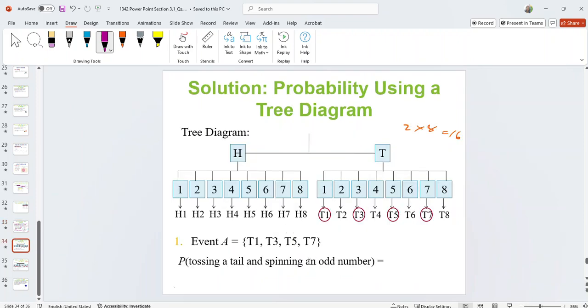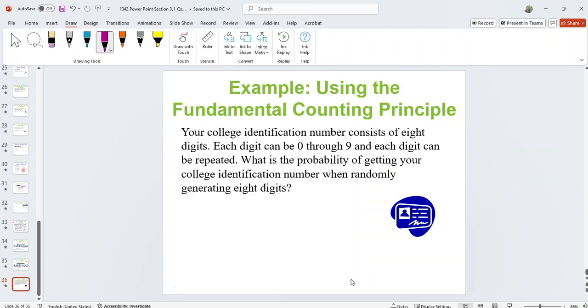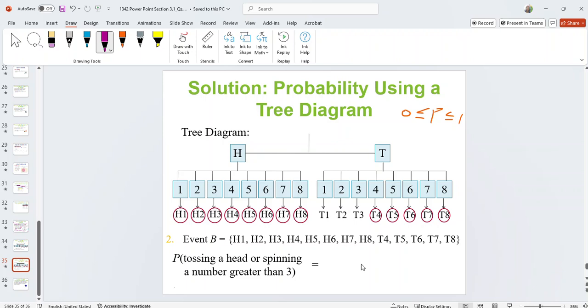So 4, 5, 6, 7, 8, they are all greater than 3. Okay, so you have an 8 plus 5 will be 13. 13 divided by 16. That is your sample space in here. Okay, all right. So sometimes drawing a tree diagram is very easy to help you to identify.